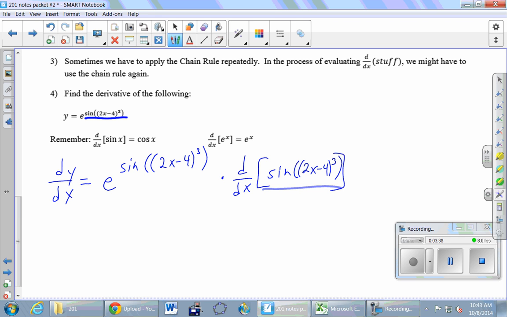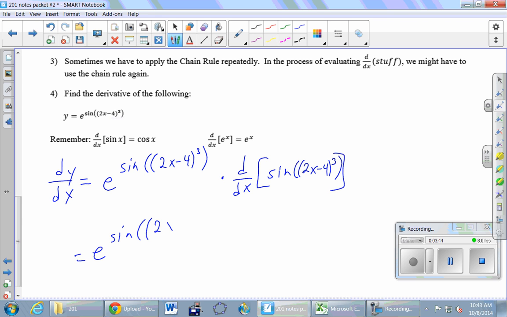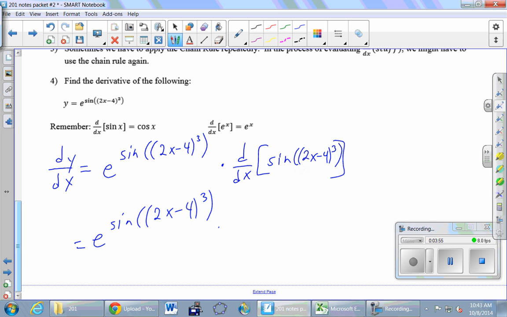And it was all of this. Okay, so let's keep on going here. So I'm going to copy this first part just as it is. And now we're going to find this derivative that's requested.